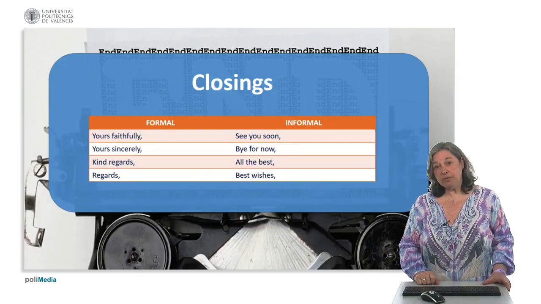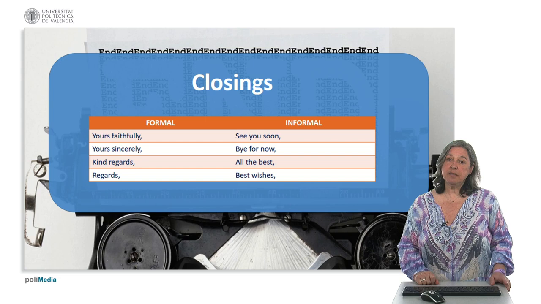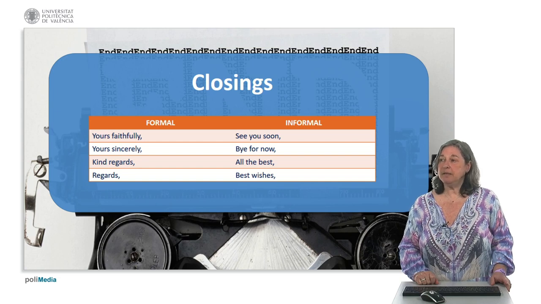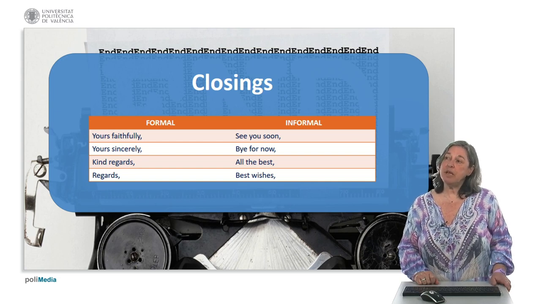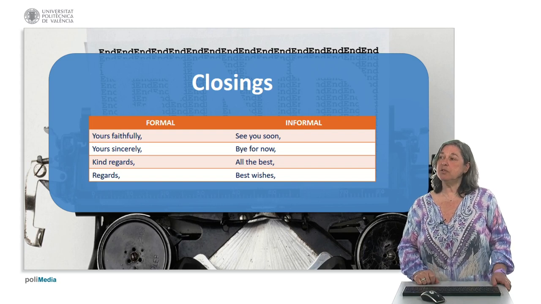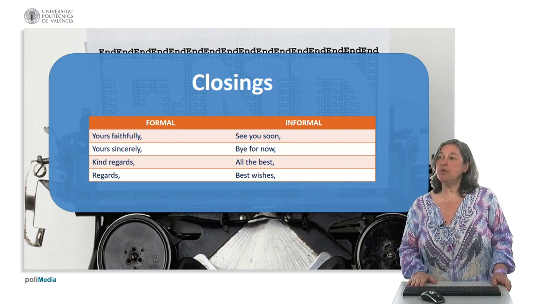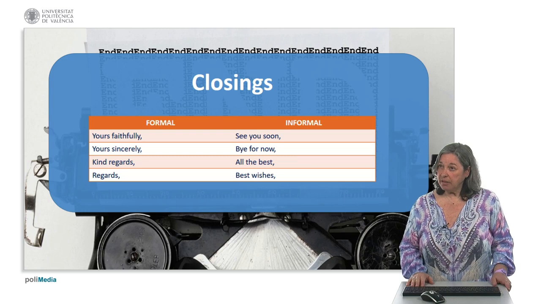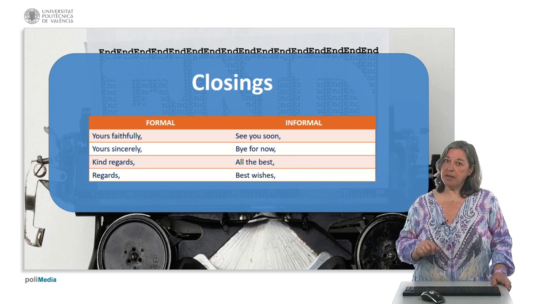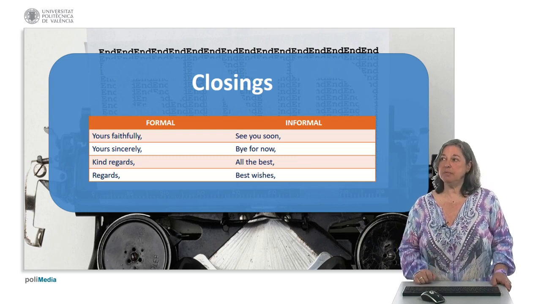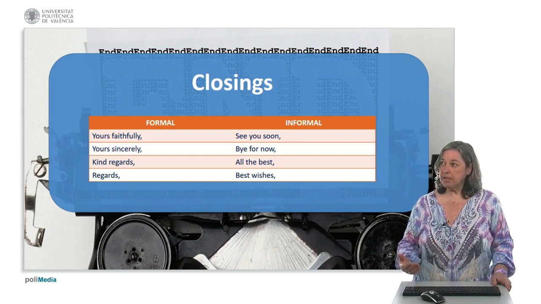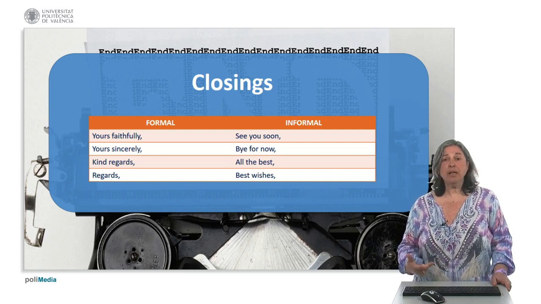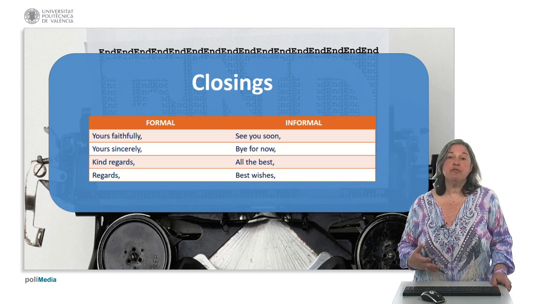The closings also vary depending on the level of formality. If it's a formal situation, as you can see here on the left-hand side, we can say yours faithfully, okay? And after that, the comma, and then we'd sign off with our names. Yours sincerely, kind regards, or simply regards, okay?